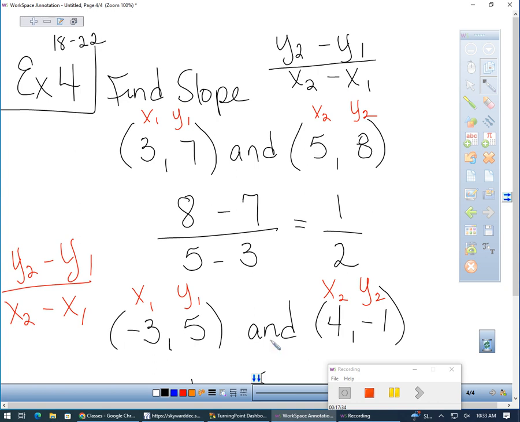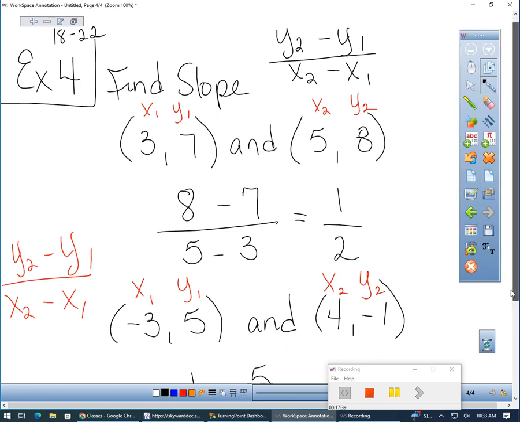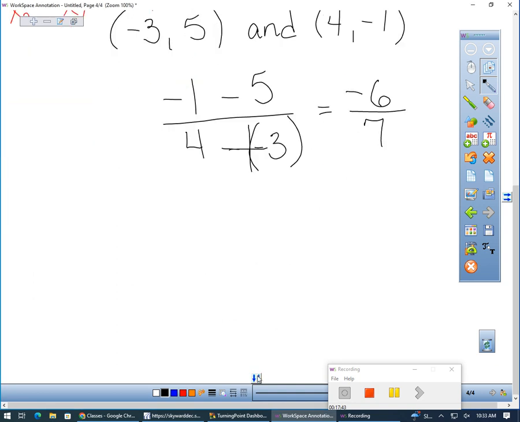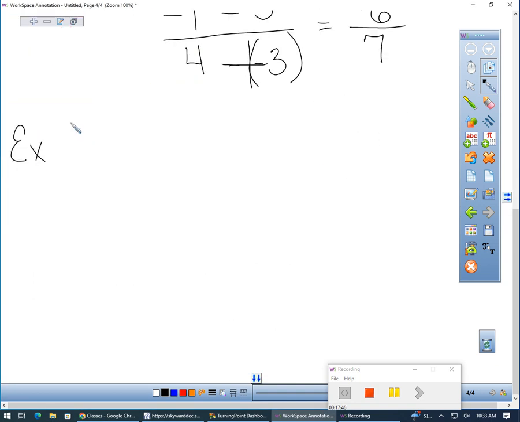Example number 5. All right, for example number 5, and then I'm going to come back to some middle ones. This is going to cover your 26 through 32. All right.